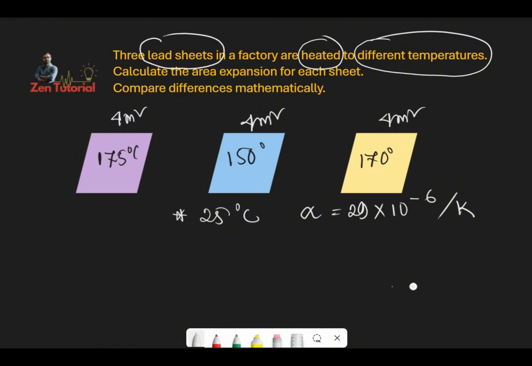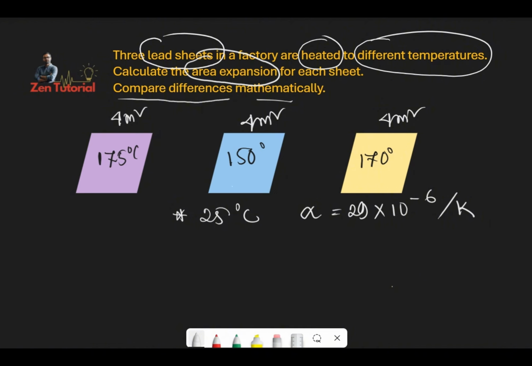And we have to compare the difference mathematically. We have to compare the area expansion for each of the sheets. So this is sheet number 1, sheet number 2, and sheet number 3.